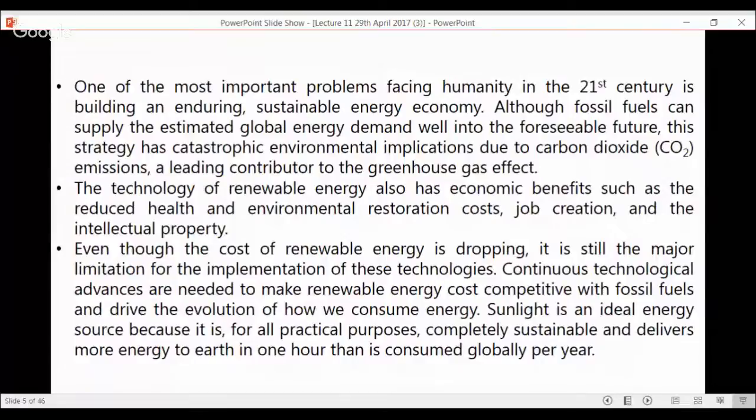Now, quickly looking at a few things. One of the most important problems facing humanity in the 21st century is building an enduring, sustainable energy economy. Although fossil fuels can supply the estimated global energy demand well into the foreseeable future, this strategy has catastrophic environmental implications due to carbon dioxide emissions, a leading contributor to the greenhouse effect.